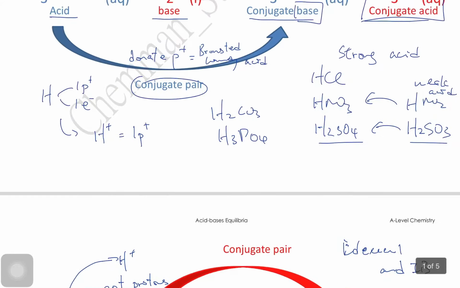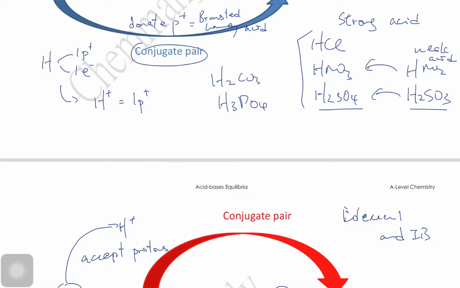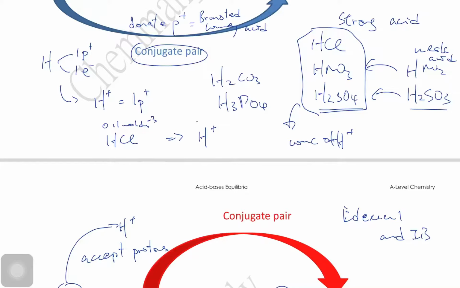For calculating strong acids, an important hint is you can make the concentration of acid directly equal to the concentration of H plus, because they are fully dissociated, 100% ionized. That means if you have 0.1 mole per dm cubed of HCl, then directly you have 0.1 mole per dm cubed of H plus.